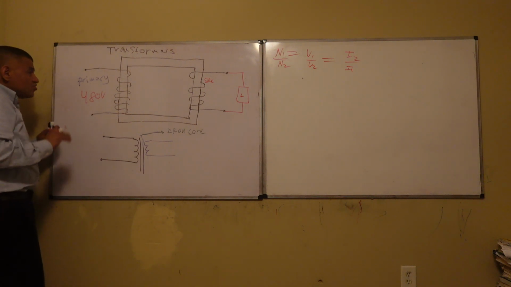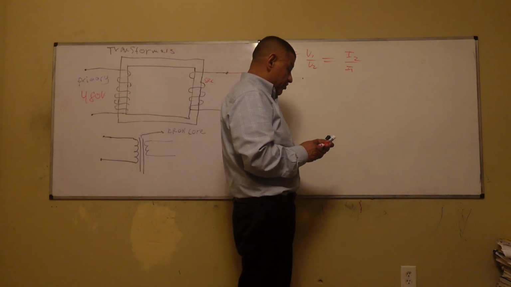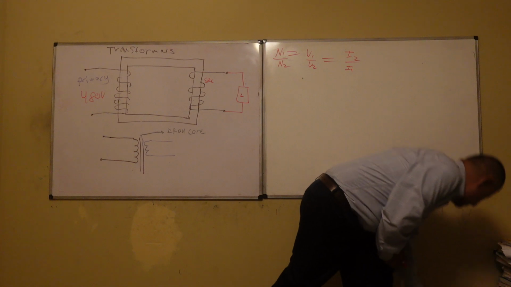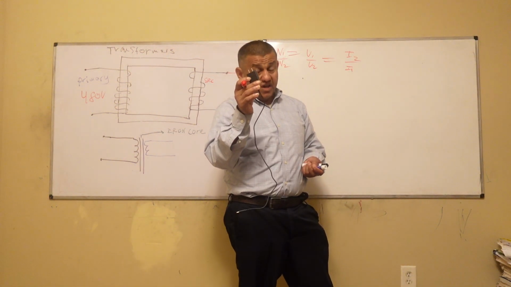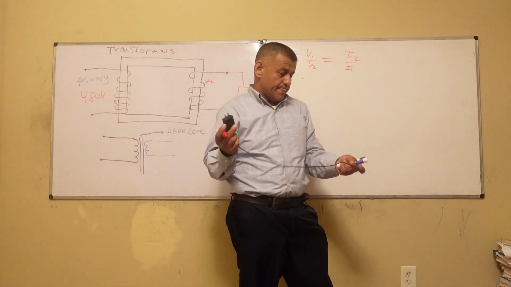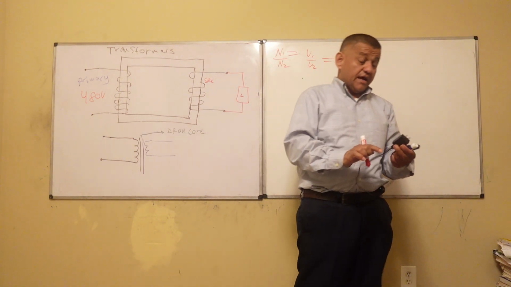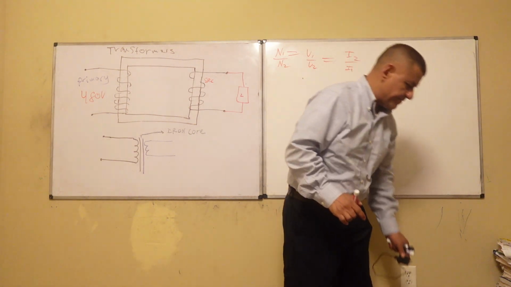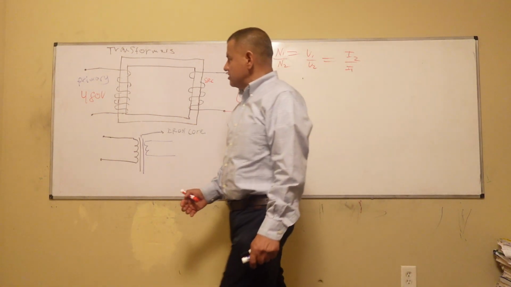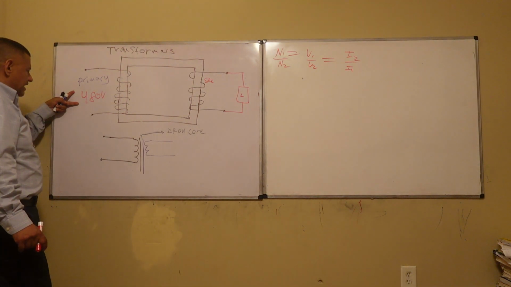But for the receptacles, for the little things like this, you're not going to plug this guy into 480, you will blow it up. It will destroy it. So you need less power. For this you need 120 volts. So how do you make 120 volts if you have 480 coming in?